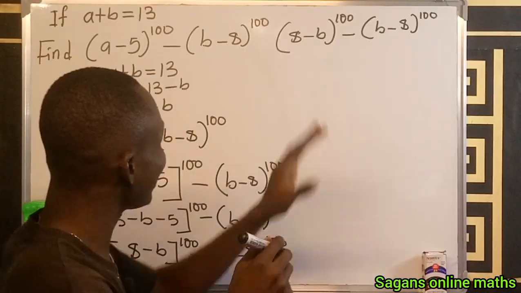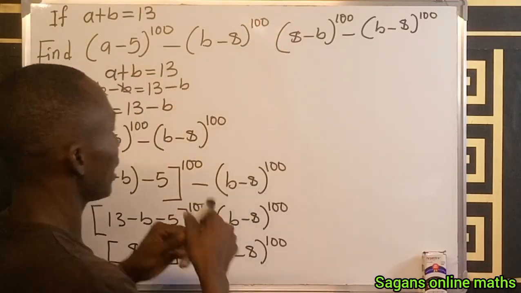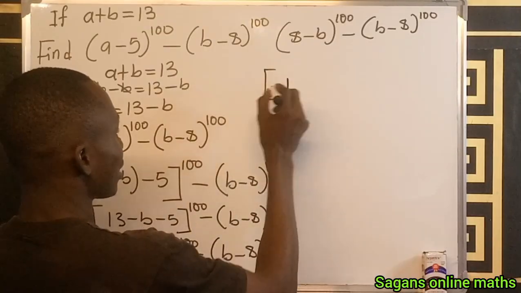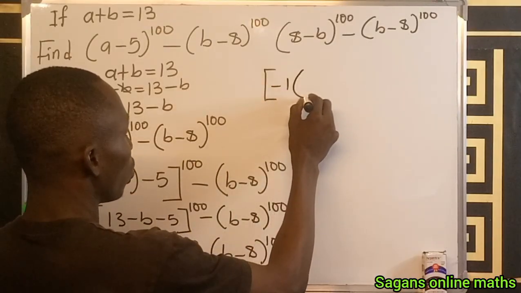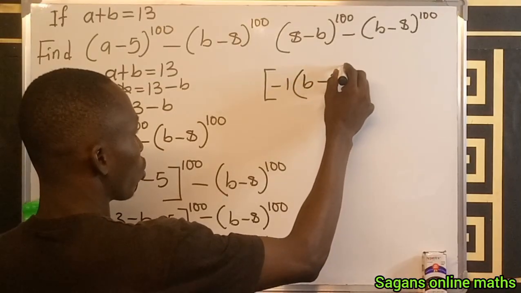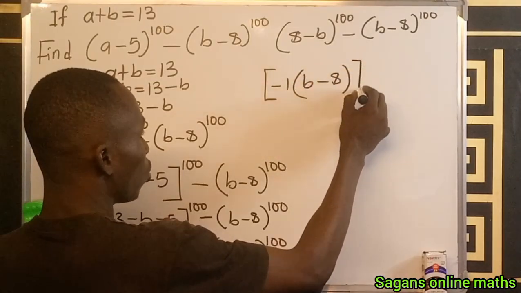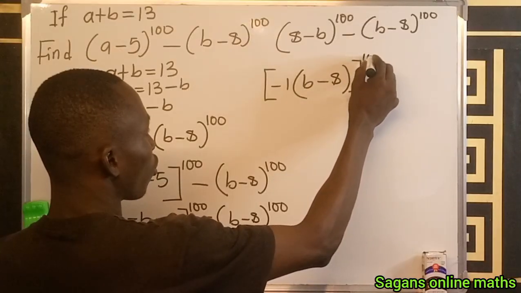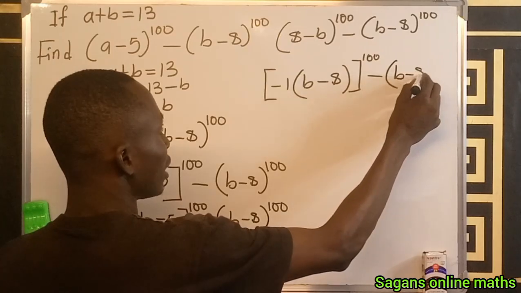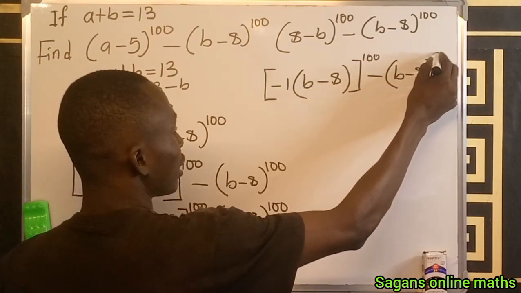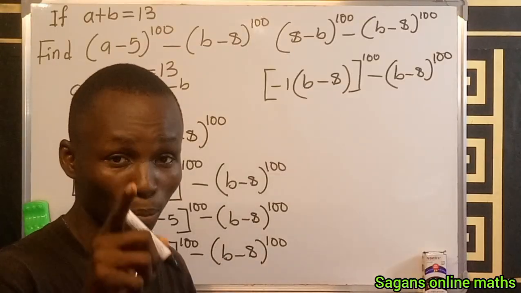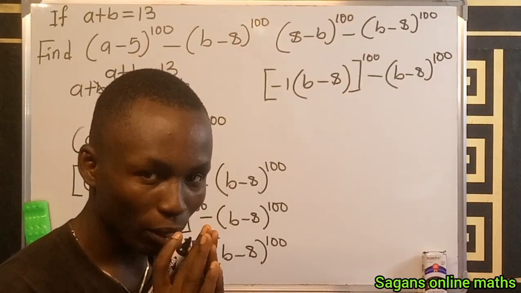If you decide to write this as bracket, -1 into b minus 8, close bracket, close, all to the power of 100 minus (b minus 8) all to the power of 100. Now you can observe this and tell me where I'm wrong in the comment section. Please, I beg of you.